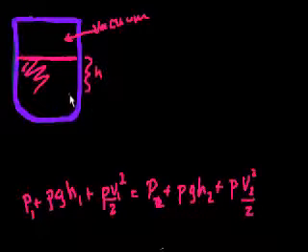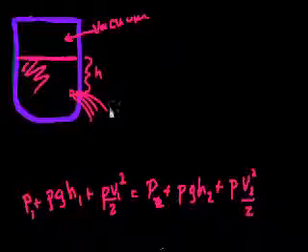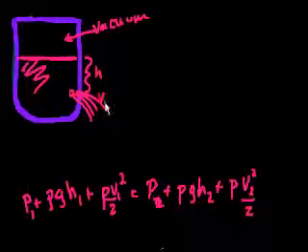I poke a hole right there, and fluid starts spurting out. And my question to you is, what is the output velocity of the fluid as a function of this height? And let me tell you something else. Let's say this hole is so small.